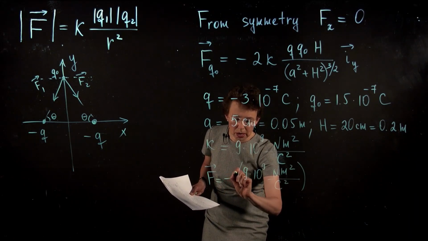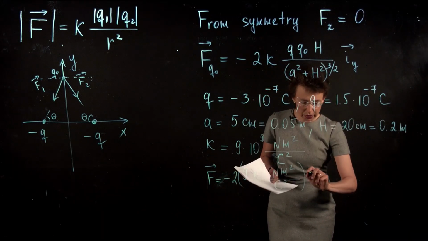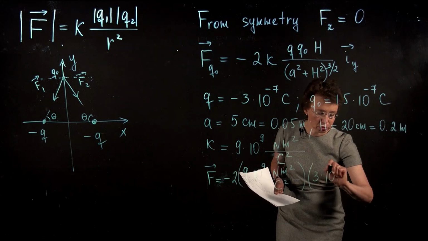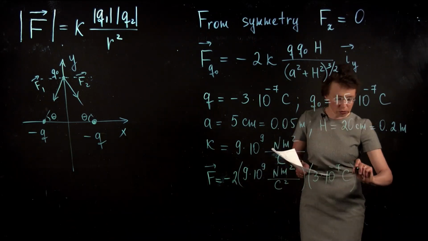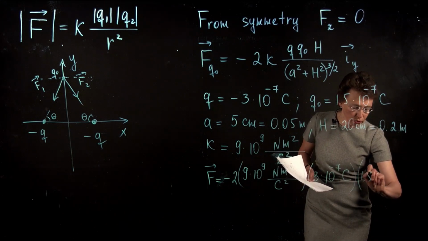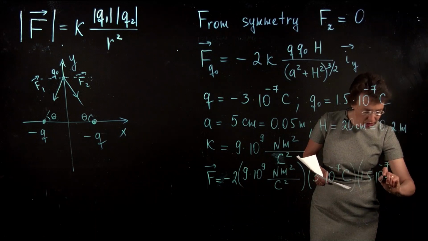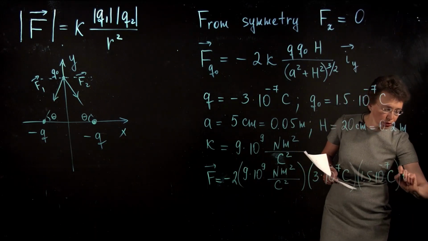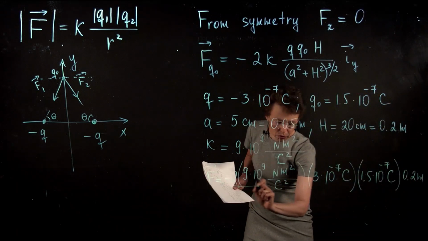So it is minus 2 times this, and then 3 times 10 to the minus 7 coulombs, and then 1.5 for Q naught times 10 to the minus 7, then h, 0.2 meters, and I divide all this.